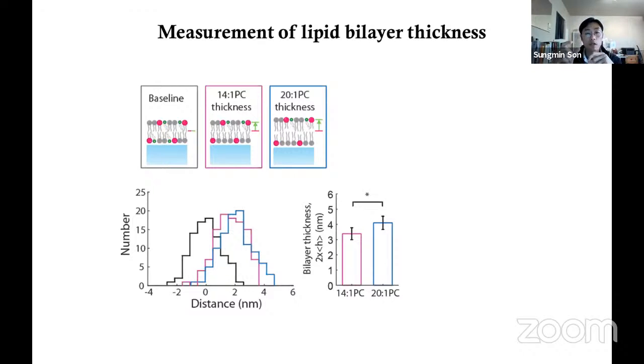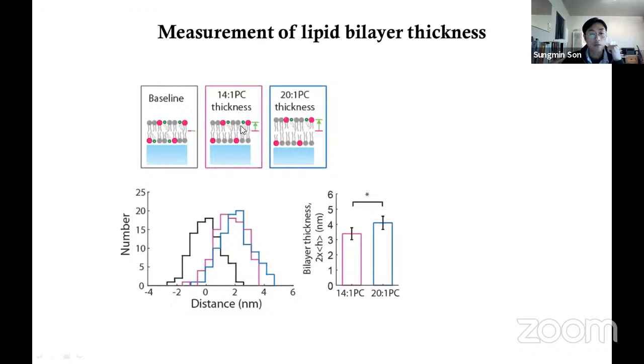But resolving the leaflet sizes composed of two different acyl chain lipids must be beyond the limit of this detection method. But we thought maybe we can repeat the same measurement from the same sample over and over, then at least we can predict the average estimation of those thicknesses, and this might put us beyond the limit of resolution.